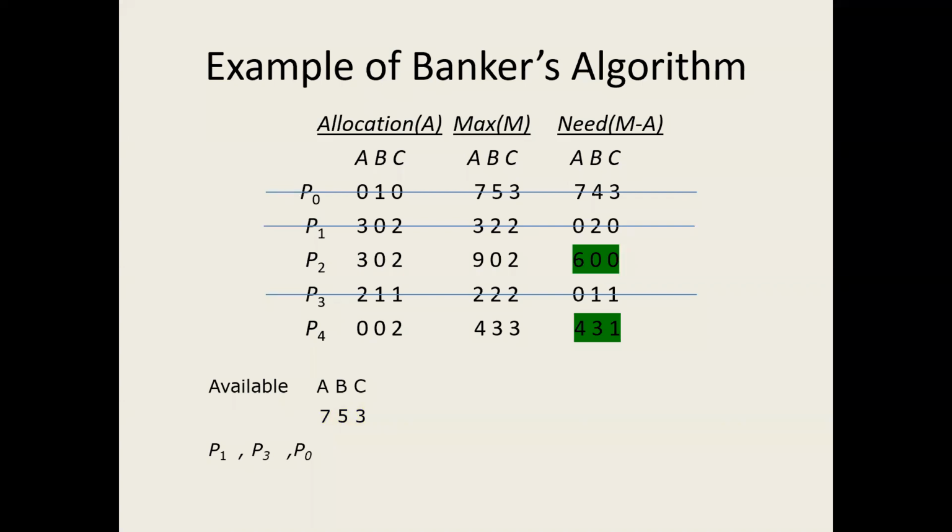Then we can start with either P2 or P4. So when we start with P2, it requires 6, 0, 0. Then when P2 ends, it will release the maximum resources. It will be 10, 5, 5.